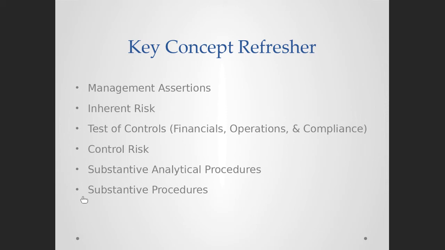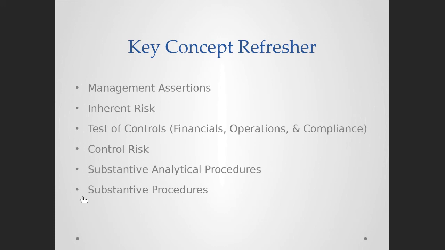Procedures, not assertions. Procedures. So for example, we discussed when we were doing confirmation of accounts receivable. We said that confirmation of accounts receivable is done almost all the time, except in certain exceptions where other procedures could lead to your confidence about the accounts receivable, or if the control environment is very good.